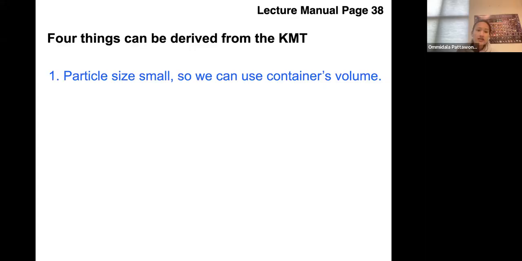The first one is that, as I mentioned earlier, because the size is negligible compared to the container, the particle size, which is the gas size, is small, and we can use the container as the volume. So when we talk about the volume of gas, we assume it is the same as the volume of the container.